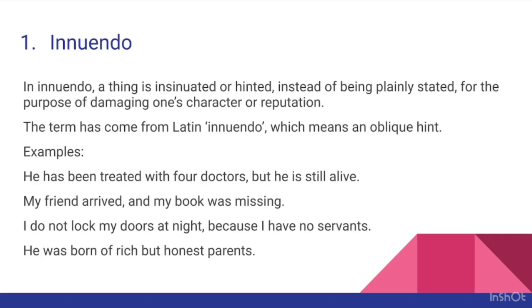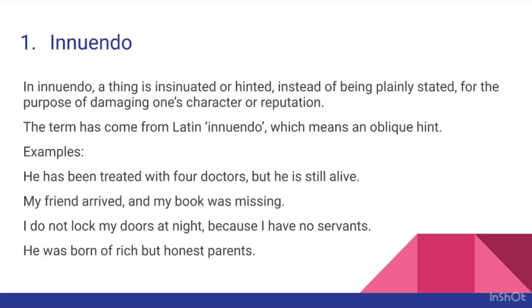In innuendo, a thing is insinuated or hinted instead of being plainly stated for the purpose of damaging one's character or reputation. The term innuendo has come from Latin innuendo, which means an oblique hint.